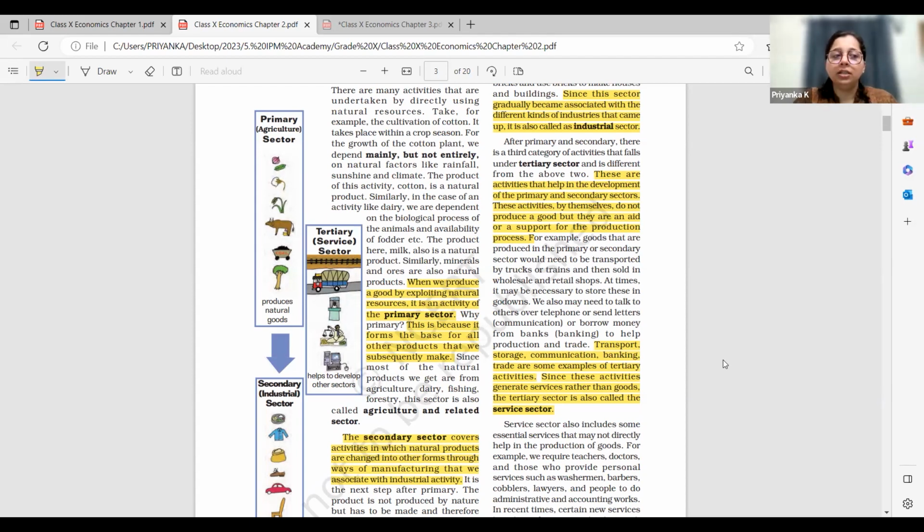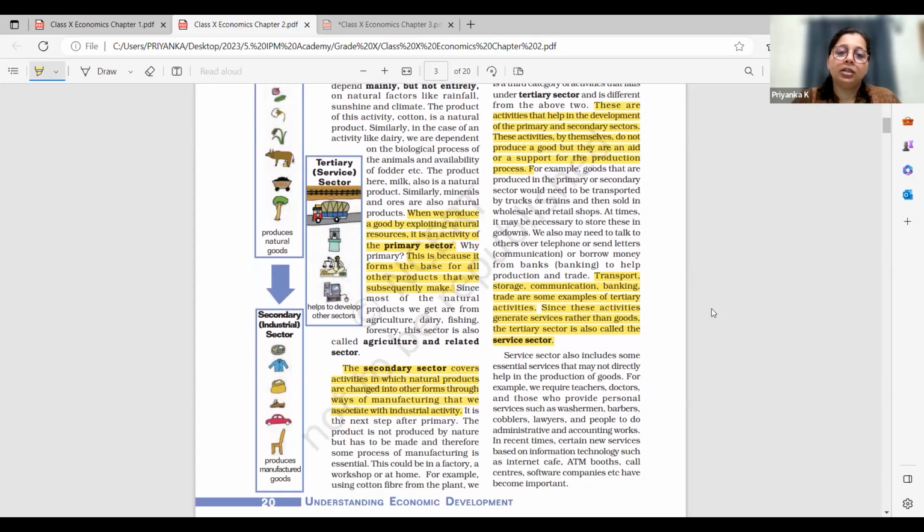And when we look at the previous 3 to 4 decades of Indian economic development, we can see that the contribution of the agricultural sector is comparatively reducing, while the contribution of the tertiary sector is increasing towards the GDP, the gross domestic product of our country. Therefore we find the service sector to be one of the important sectors in our economy.